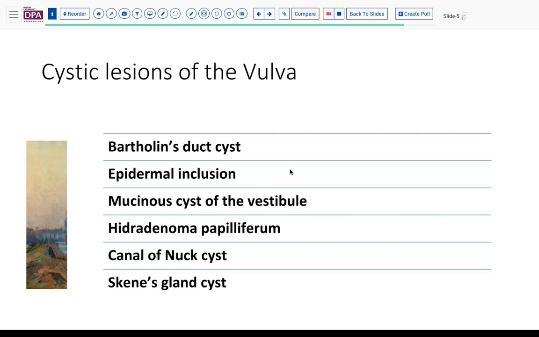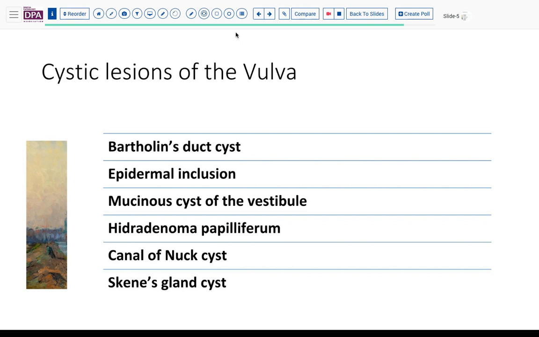Those are usually midline and located between the urethra and the vagina. Hidradenoma papilliferum most commonly occurs in the milk line, a little bit lateral, and often anterior to the vagina. And then there are the more mesothelial-derived cysts, the so-called canal of Nuck cyst, and Skene's gland cysts occasionally also enter into this differential.